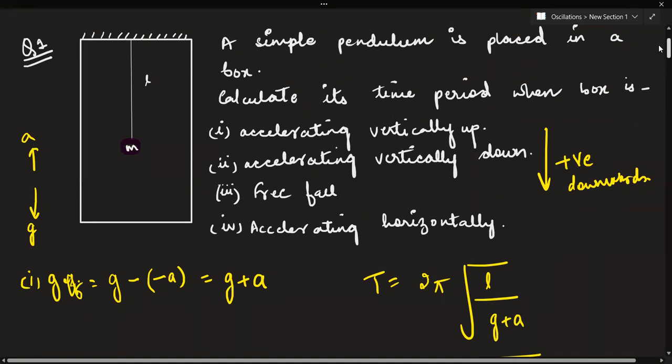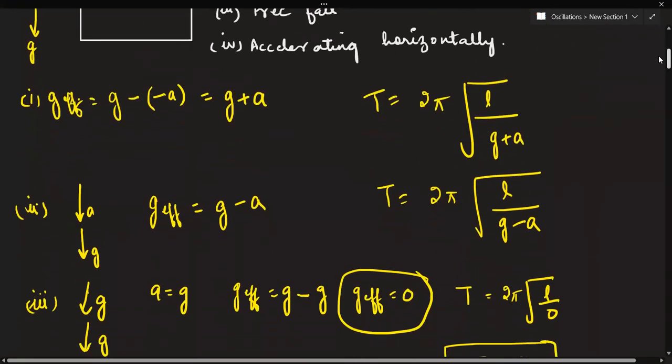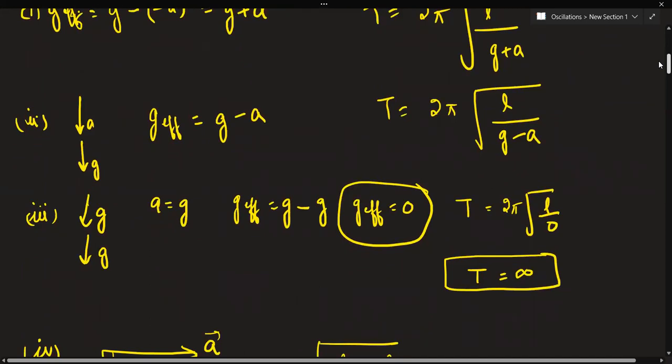When it is moving vertically down, these get subtracted, meaning the acceleration due to gravity and the acceleration get subtracted. In case of free fall, since the acceleration is equal to the acceleration due to gravity, g effective becomes 0 because there is no difference between them. So 1 by 0 is infinity, and we get the time period as infinity.